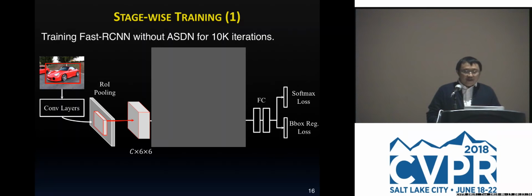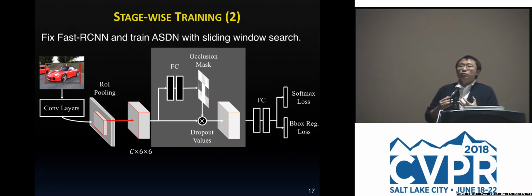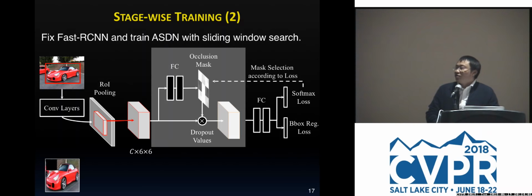Then we fix this Fast R-CNN, plug in the adversarial dropout network, and initialize it in a relatively brute-force way. We perform sliding windows on the cropped objects. What does it mean? For example, for the car in the bottom right, we perform a sliding window, saying this small box is the place where we want to drop out the features.